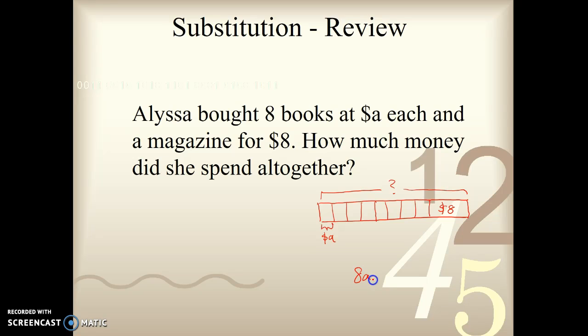So we're going to do 8A. And remember, when we have a coefficient and a variable right next to each other, that's how we want to represent 8 times A. And then we have this little 8 over at $8 at the end. So we're going to say plus 8, and everything is in dollars. So we're going to put our parentheses around our algebraic expression and add a dollar label. And it looks like that.